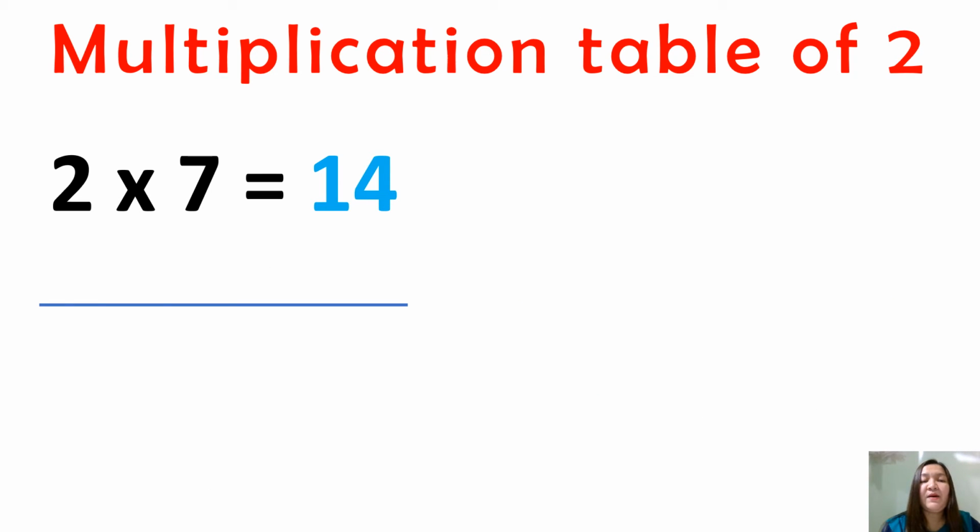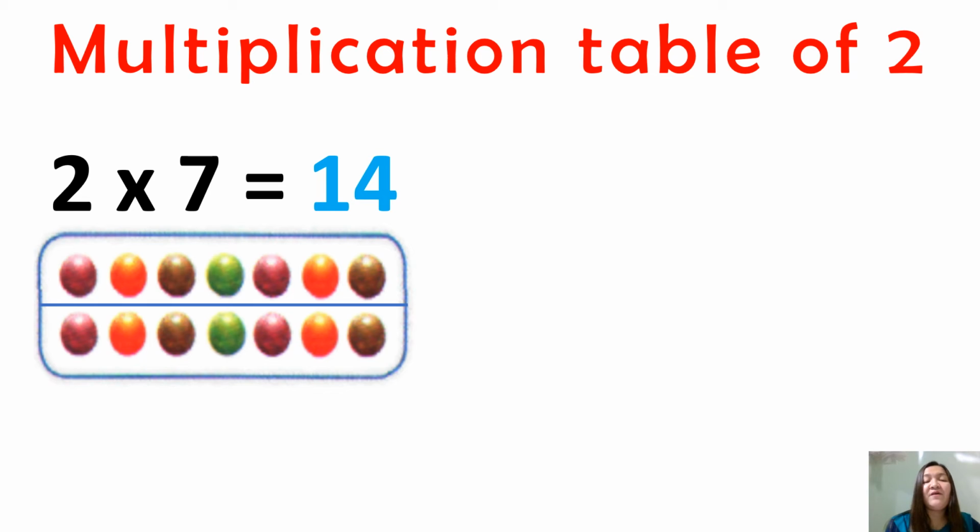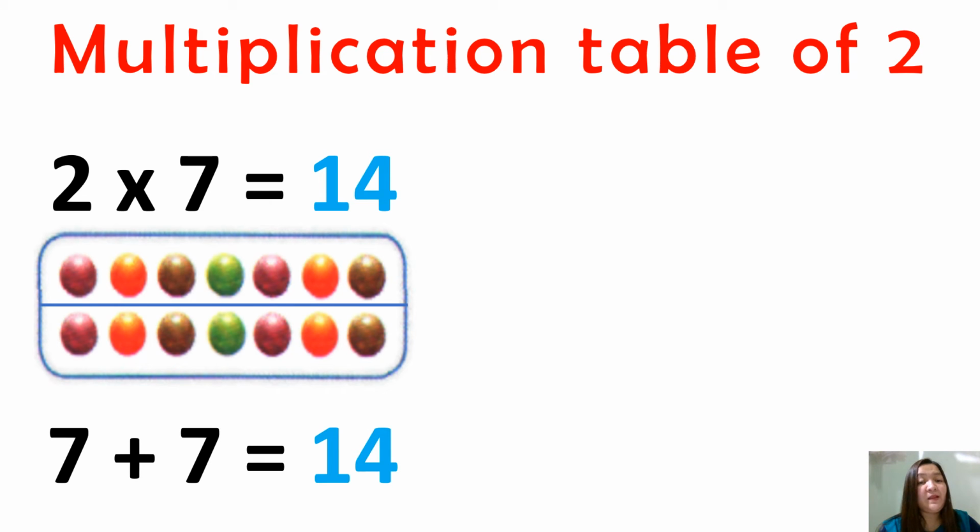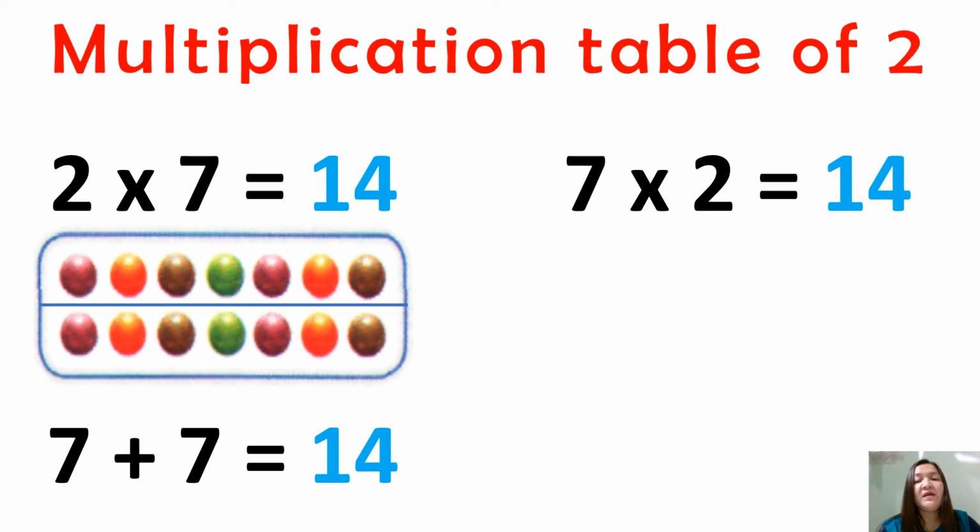2 multiplied by 7 is equal to 14. So, how many groups of 7 do we have? That's right, we have 2 groups of 7 balls. And how do we write this in addition form? 7 plus 7 is equal to 14. 7 times 2 is equal to 14.